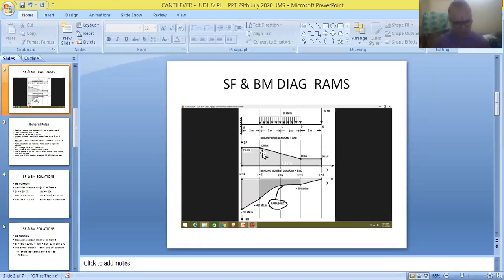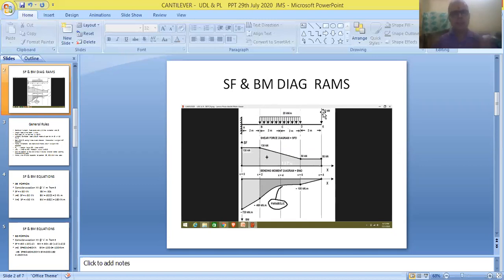And at X is equivalent to 8, again, it is 130 kilonewtons. It is coming in the form of a straight line. So friends, this is the way of doing the construction of SF diagram.